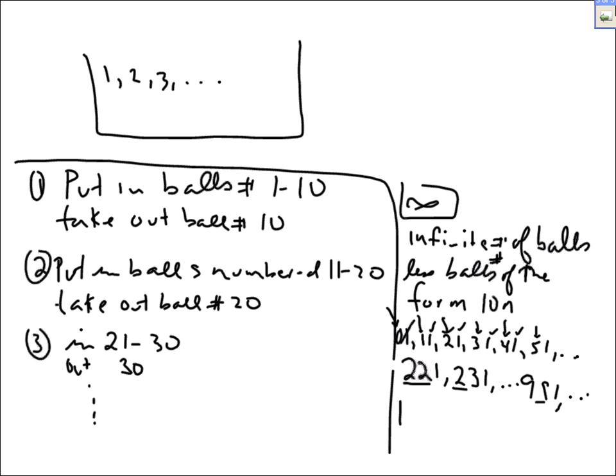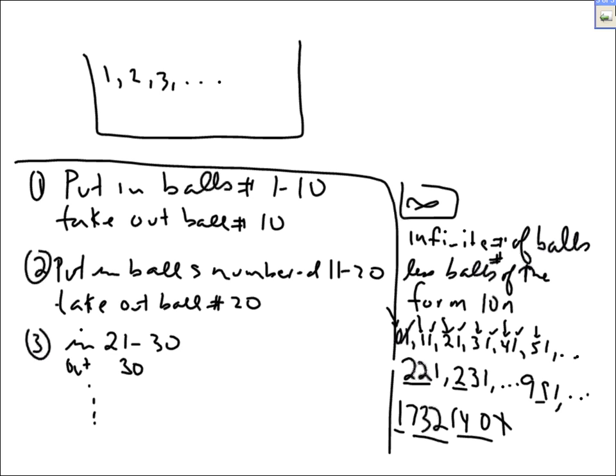And if you go on, 1, 7, 3, 2, 1, 4, 0, 0, 1. If you ignore that number, this ball number will be 1,732,140. And that's an infinite number.